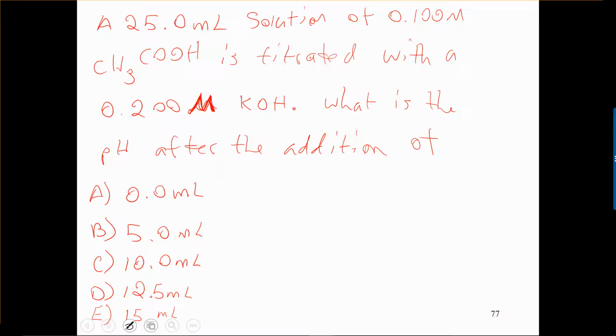Okay, I'm just going to do the general acid, HA plus OH minus into. So this is the titration equation that we're going to use, and then we're going to use Henderson-Hasselbalch to calculate the pH.